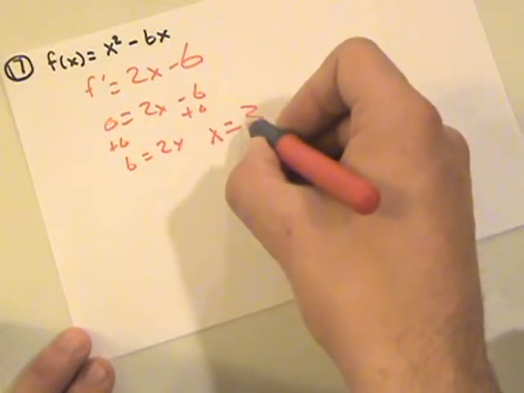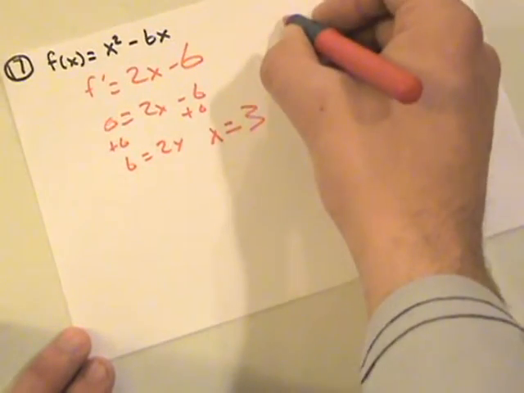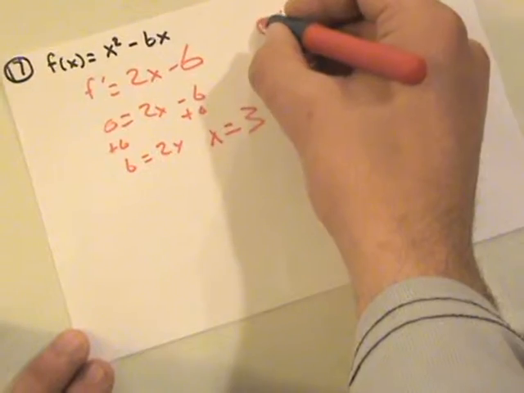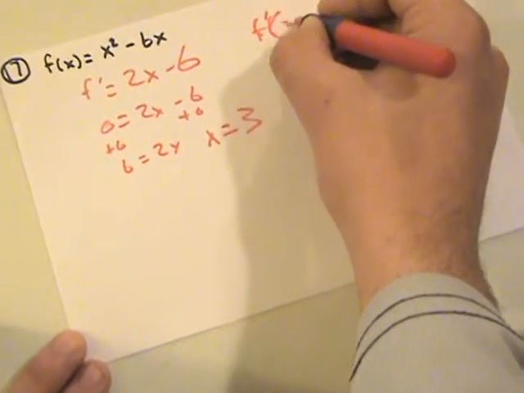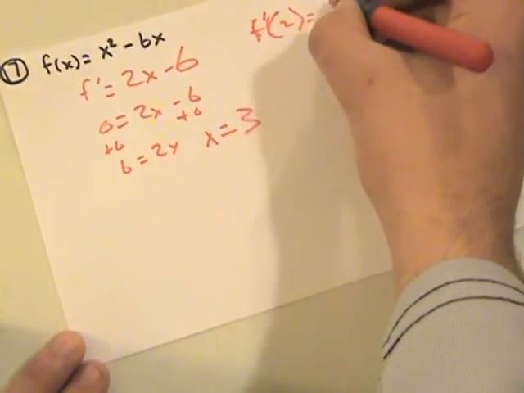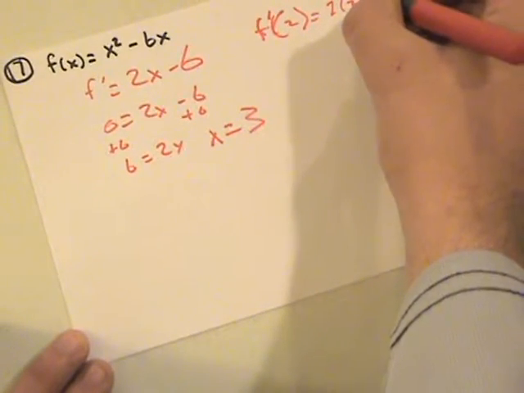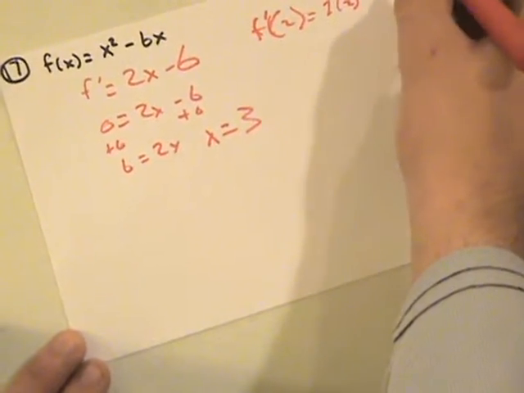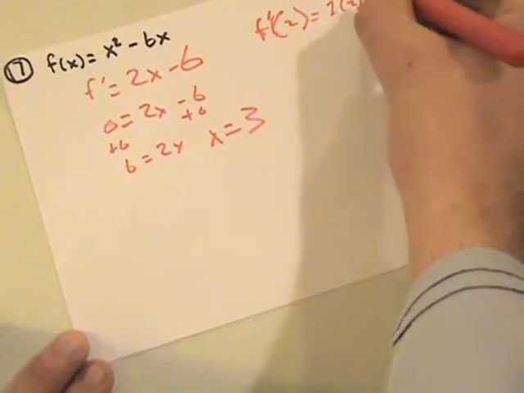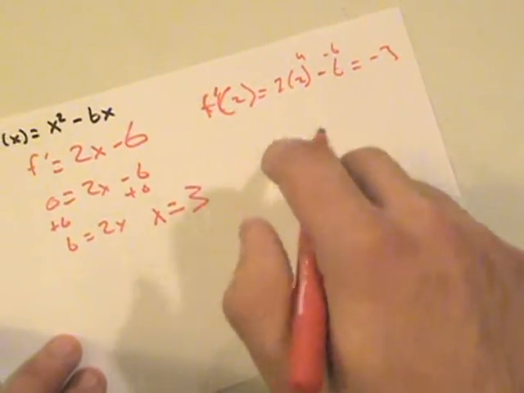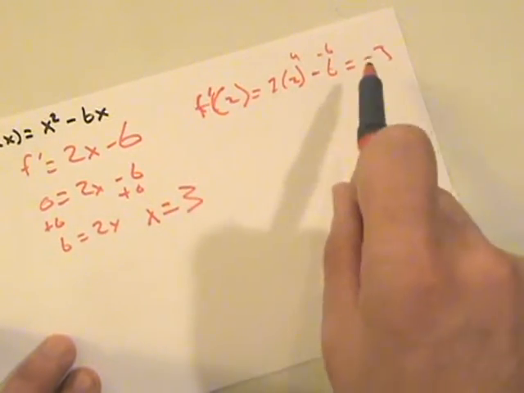So let's pick 2. We plug in 2 and we get -2.